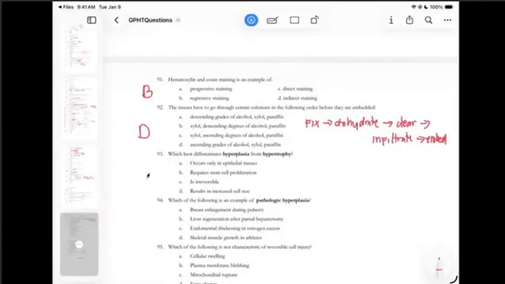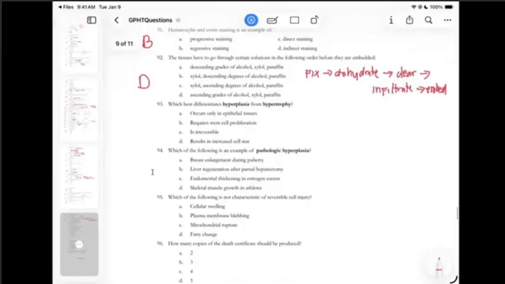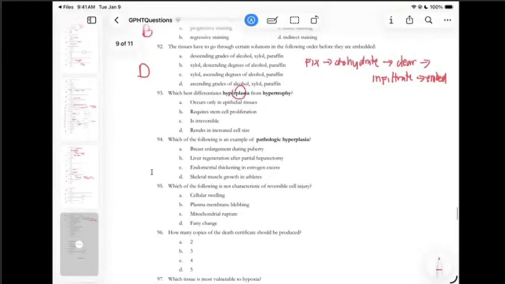93, what differentiates hyperplasia from hypertrophy? Hyperplasia is a cell adaptation with an increase in the number of cells, which is why the organ enlarges. There is cell division, there is mitosis. Hypertrophy is an increase in the size of the cell, so the cell becomes bigger.